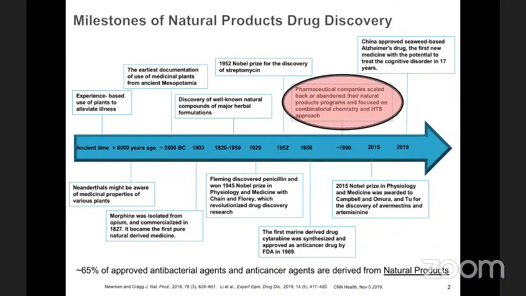Nature has been doing this kind of chemistry for a long time, billions of years, and producing these molecules in various ways. The biosynthetic pathways are there, and nature is, I would say, expert in this as compared to human beings.